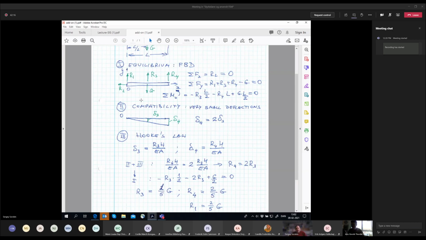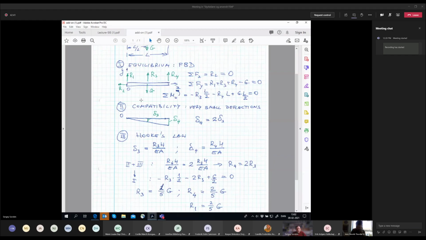But please remember, and this is something you are really supposed to know very clearly, that when we go for statically determined systems, we do only equilibrium. So the free body diagram tells us the whole story. We are able to find all reactions and all the internal forces using exclusively the free body diagram.